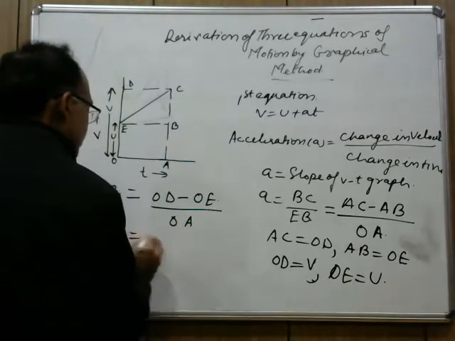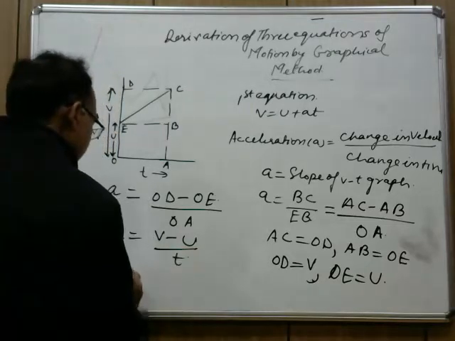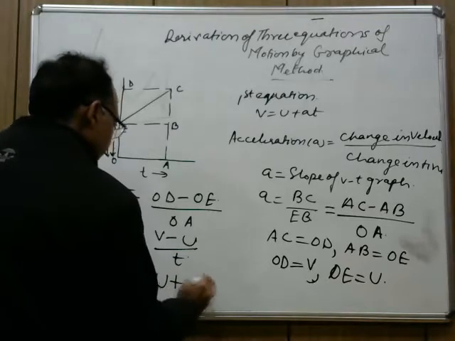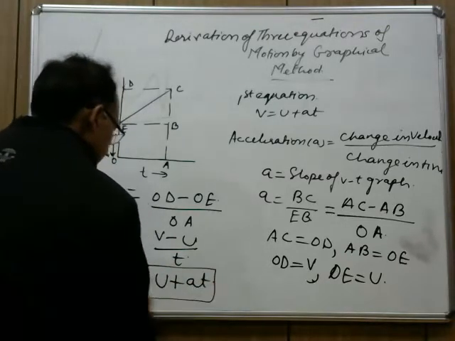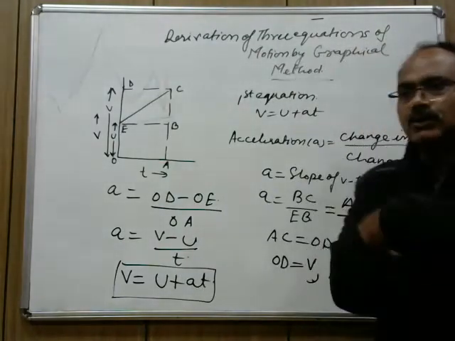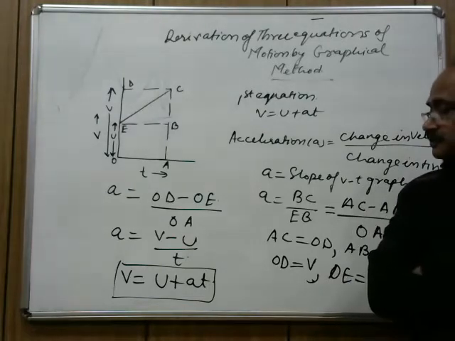That is, a is equal to v minus u upon t, or by cross multiplying we can say v is equal to u plus at. This is the basic relation, which is termed as the first equation of motion.